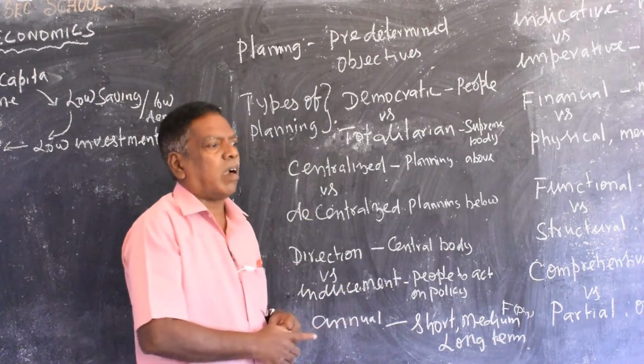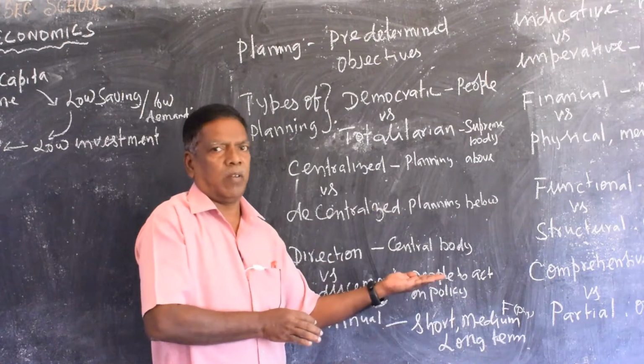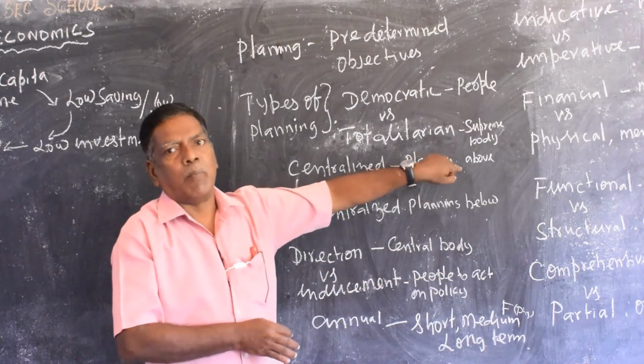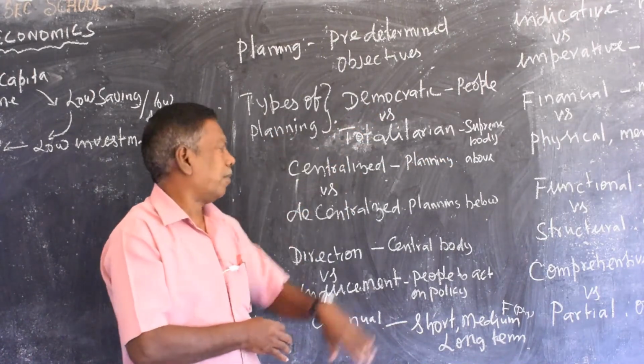A single central authority decides everything and does not consider those at the lower level. That's why it is called planning from above. மேட்டு குடி மக்கள் அவங்களுடைய லெவல்ல பார்த்து இது பண்ணிடுறது.